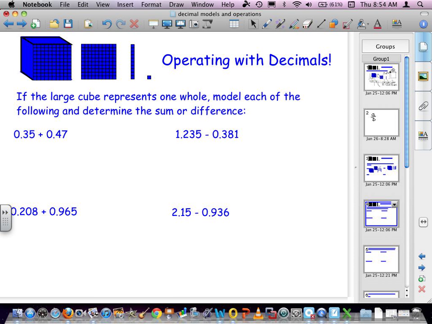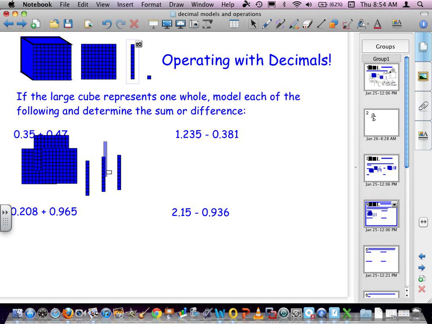So how did we model addition? What did you do with 0.35 plus 0.47, or 35 hundredths plus 47 hundredths? 3 flats. And 5 rods. Good.